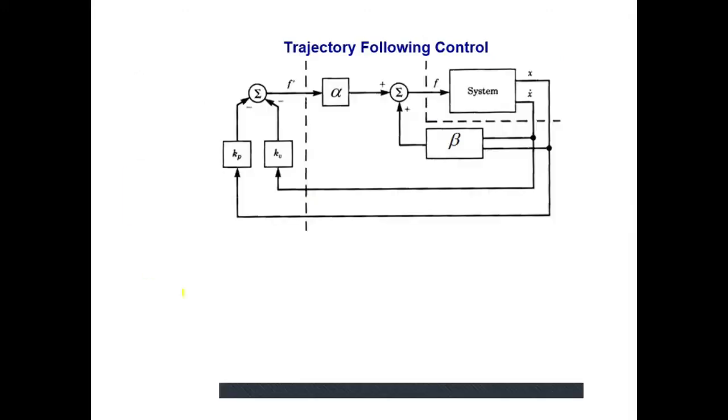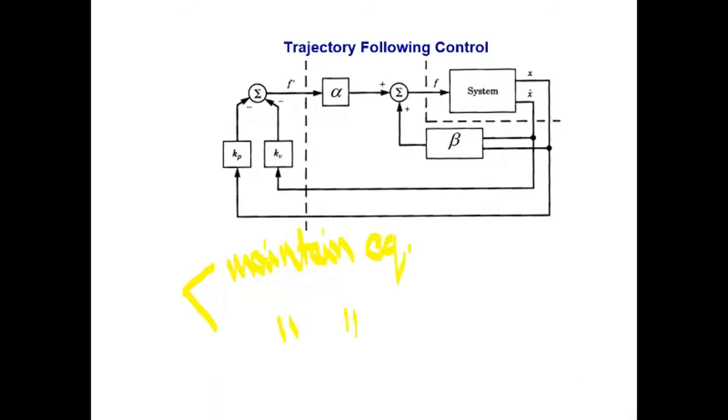In the previous two examples, the position control was applied to maintain the equilibrium position. So it was suitable for a particular position or for a particular goal. But how will we apply the methods for trajectory following control? For that purpose, we apply the prescribed trajectory information in this particular way.